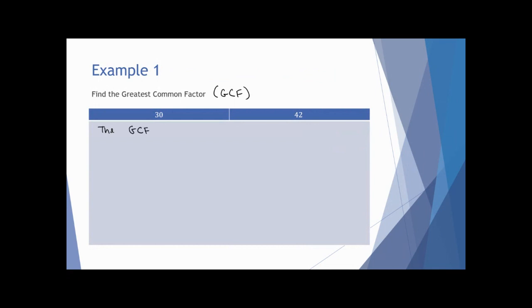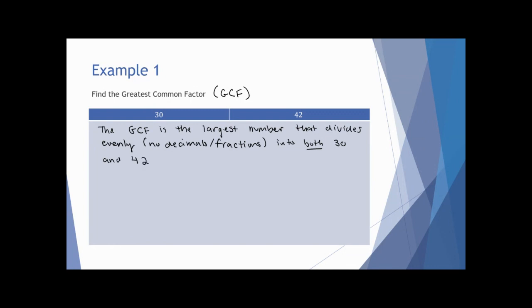So the GCF is the largest number that divides evenly, which means no decimals or fractions, into both 30 and 42.